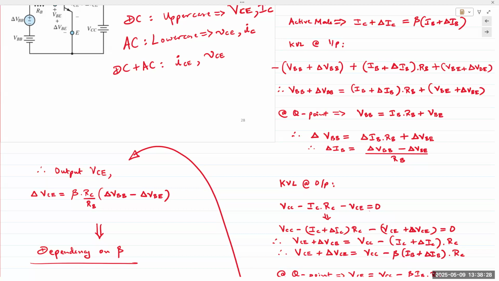And we can write an expression for the AC input current in terms of the AC input voltage. Exact same form for both DC as well as AC.